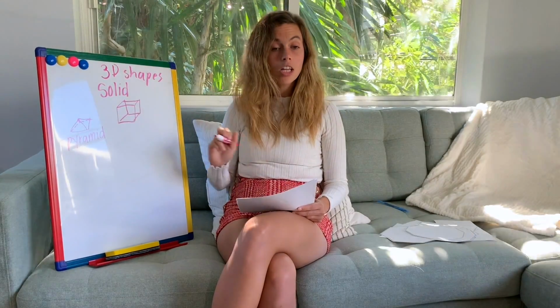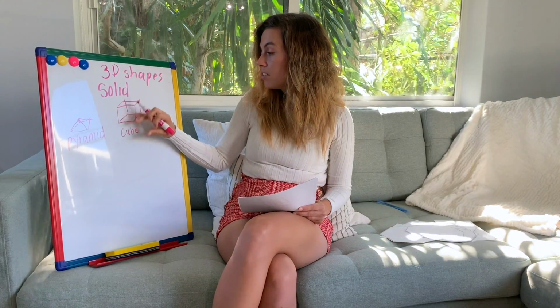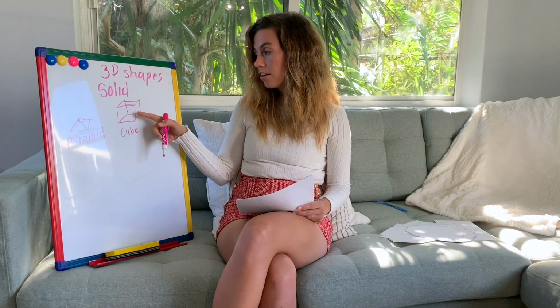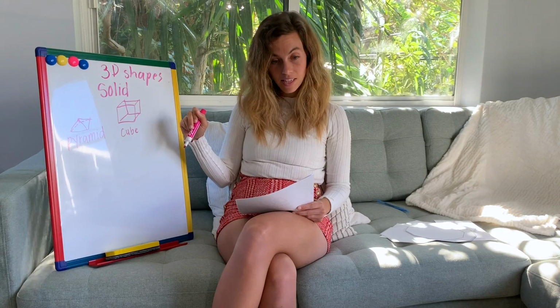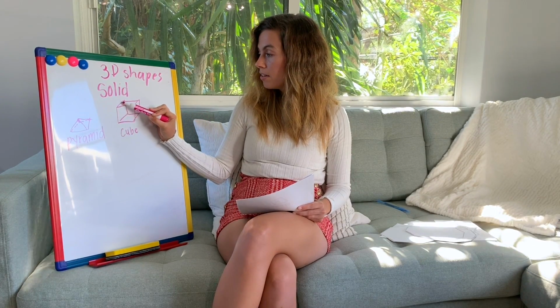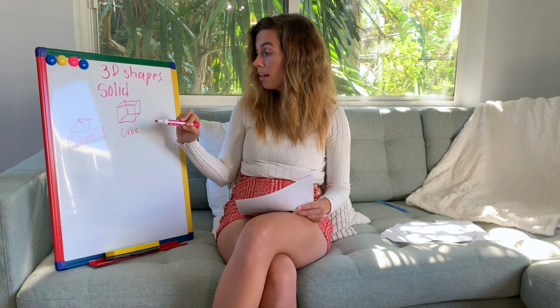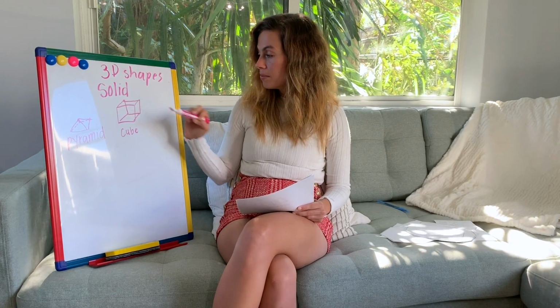Our next 3D shape is a cube, and on each face or side of a cube there are squares, and there are 1, 2, 3, 4, 5, 6 faces, and there are 12 edges, and also 12 vertices.